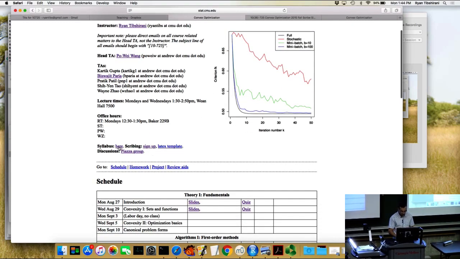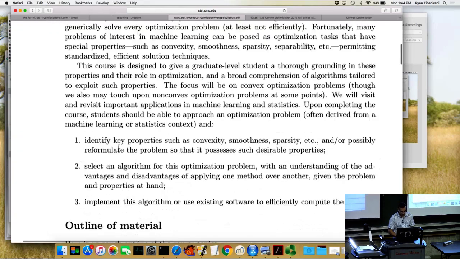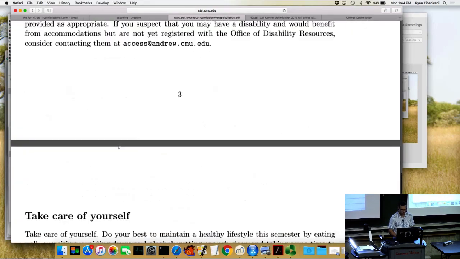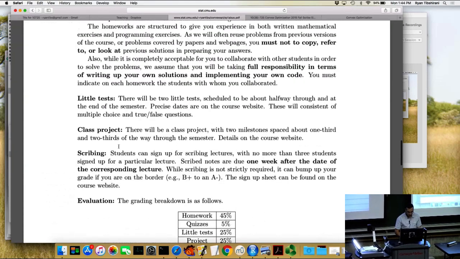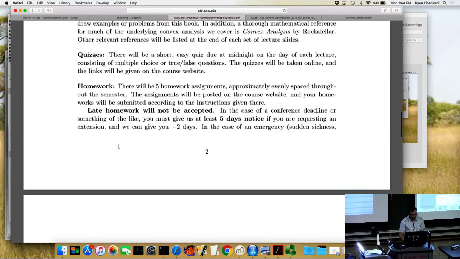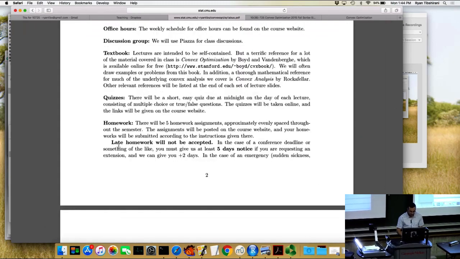Yeah, I'm pretty confident it's on the syllabus. We'll just get some proof of that. Yeah, there it is. So that's the grading breakdown. And there's a bunch of other stuff on the syllabus. Look through it to make sure that you understand, for example, the collaboration policy is described here as well.